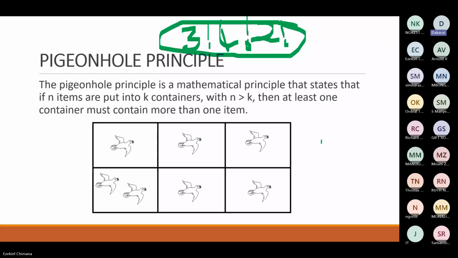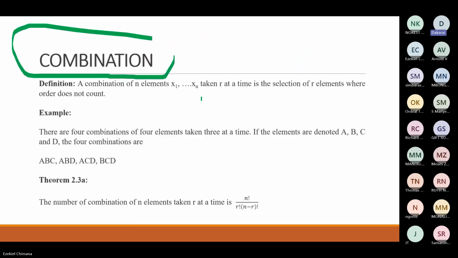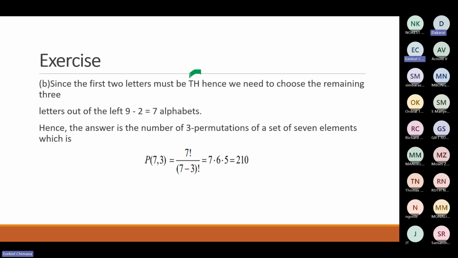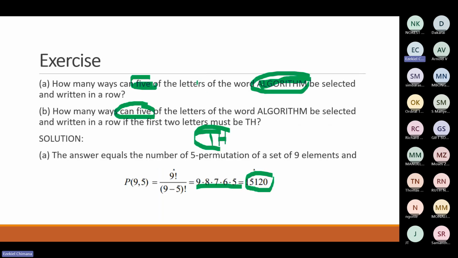So the statement that the vowels are kept together will affect our value of n. You come back to this TH. It's just like the question that we've done, which says algorithm, where you are given that the first 2 letters are TH.